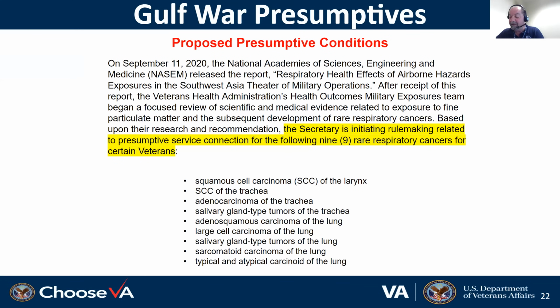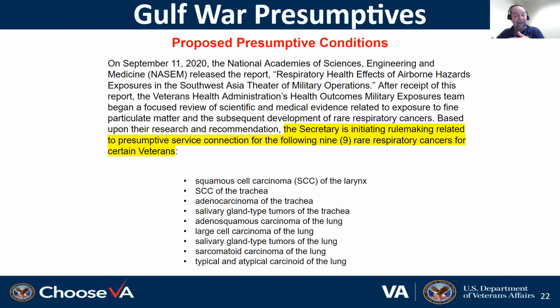But he came in, and the question that he asked was, hey, I heard that there are new presumptive conditions for respiratory conditions. And after a brief talk, I explained to him that those new presumptive conditions are related to Gulf War service and not Vietnam service.